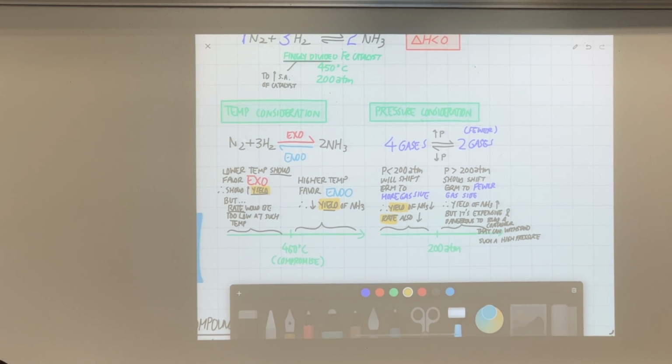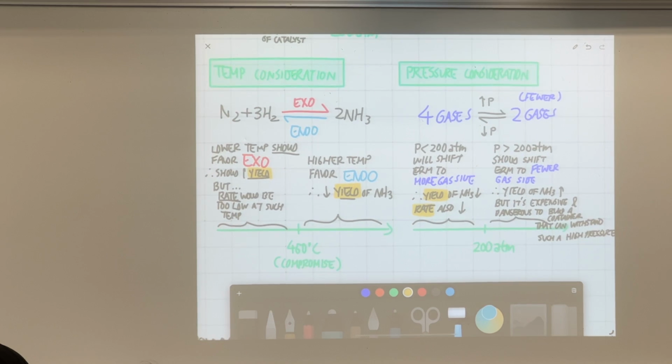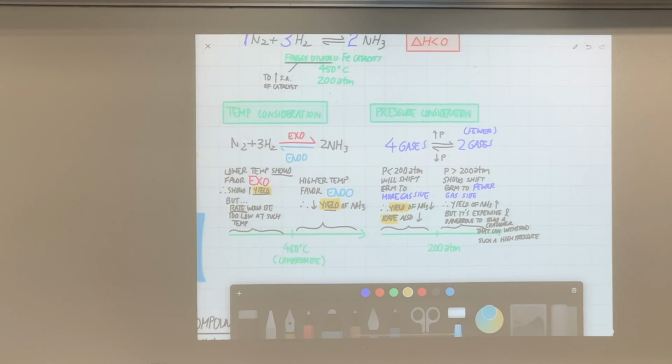And then we have the catalyst consideration. So why do we add a catalyst? Is it because we want to boost the yield, or is it because we want to just boost the rate? We want to boost the rate. We want to get to equilibrium more quickly. Okay, so we use a catalyst. And you notice that I did not put an arrow here.